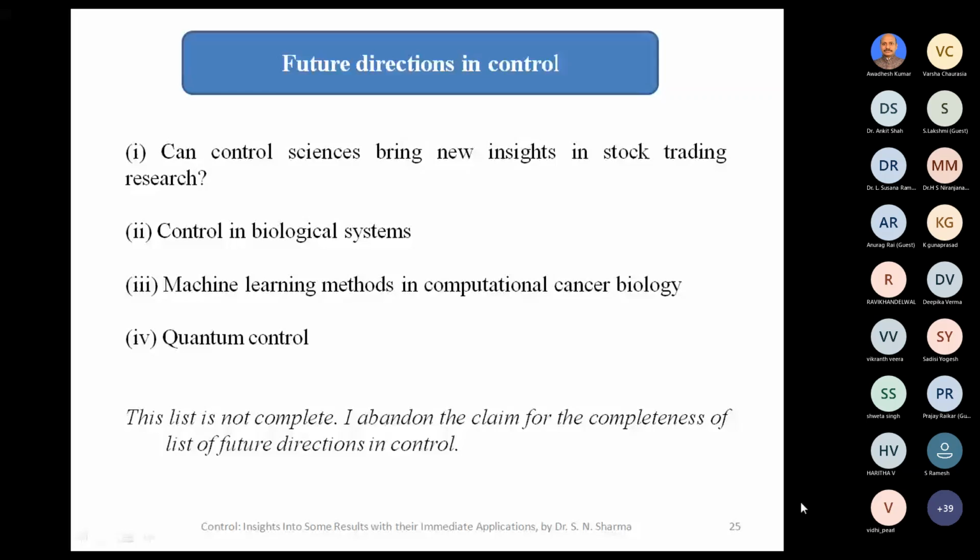In biological systems, how do we apply a feedback system to achieve the performance? A biological system is an uncontrolled system, but if you have to control it, then you have to apply systems and control techniques.